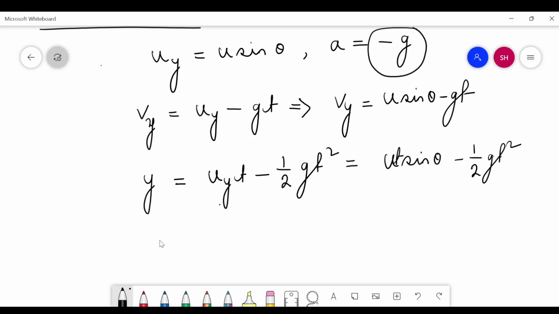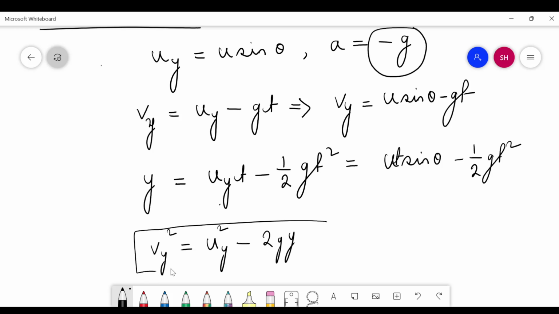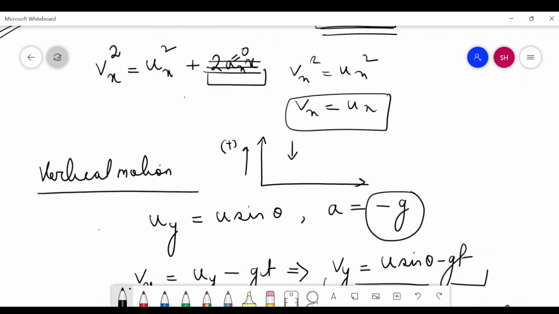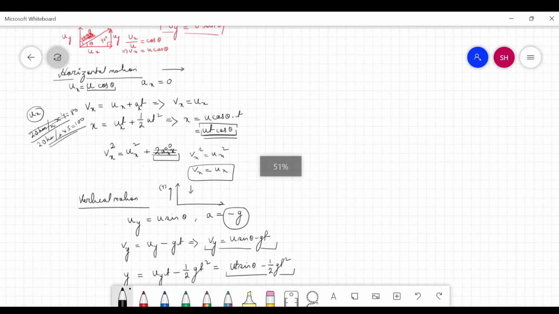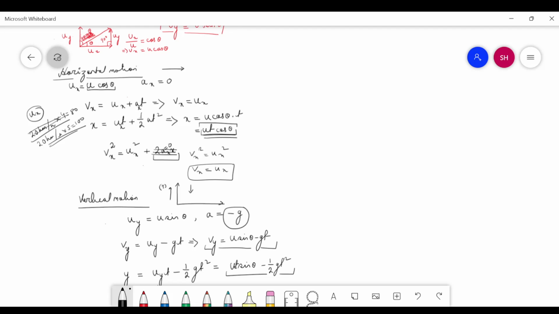And again v_y square will be equal to u_y square minus 2gy. So this is just another equation, and these three equations will hold true for the motion in the y direction, or the vertical direction. Hence, we have covered the equations for the horizontal motion and the vertical motion.